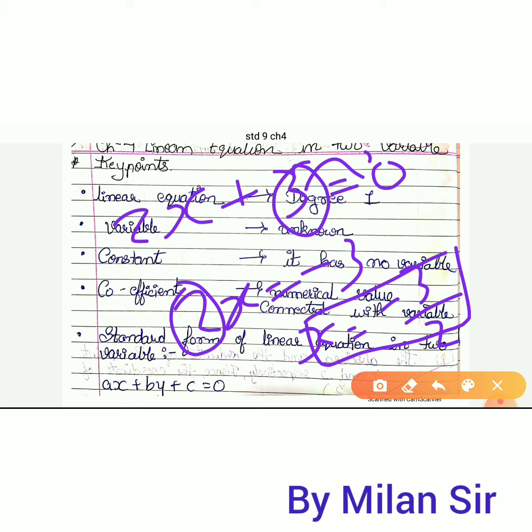But in two variables, we can have more than one solution. This value of x is called the solution of the equation. But in the case of a linear equation in two variables, we can get more than one solution.